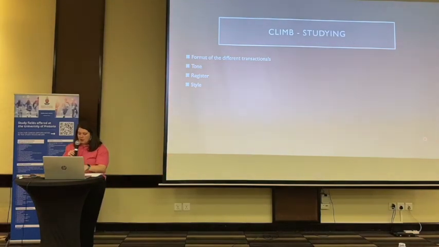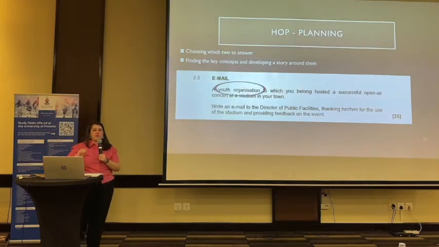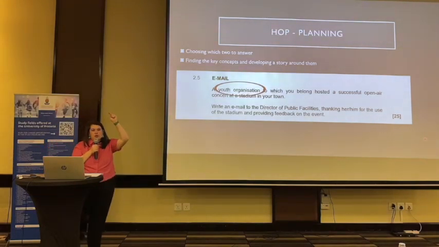Okay, so I need to speak to you about how to hop. Okay. So how to hop, you need to find the key concepts in your topic. So here, my key concept is youth organization. Everyone circle youth organization.